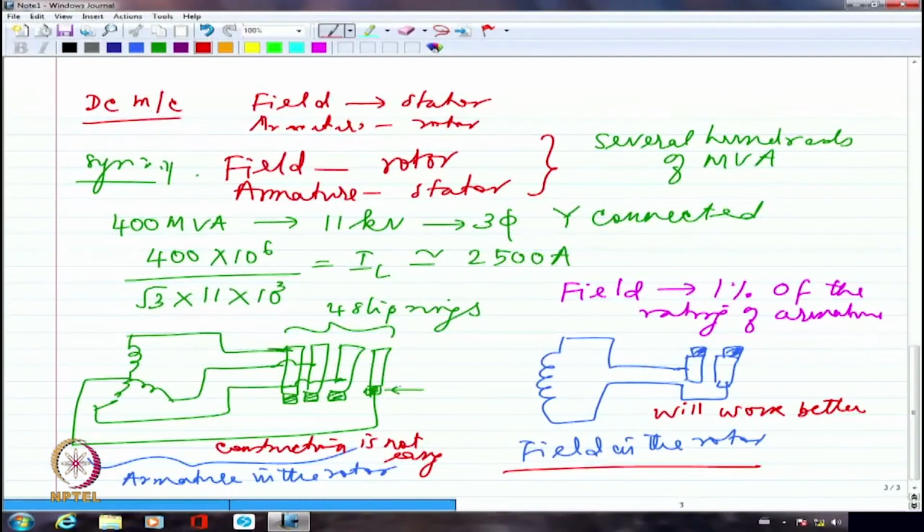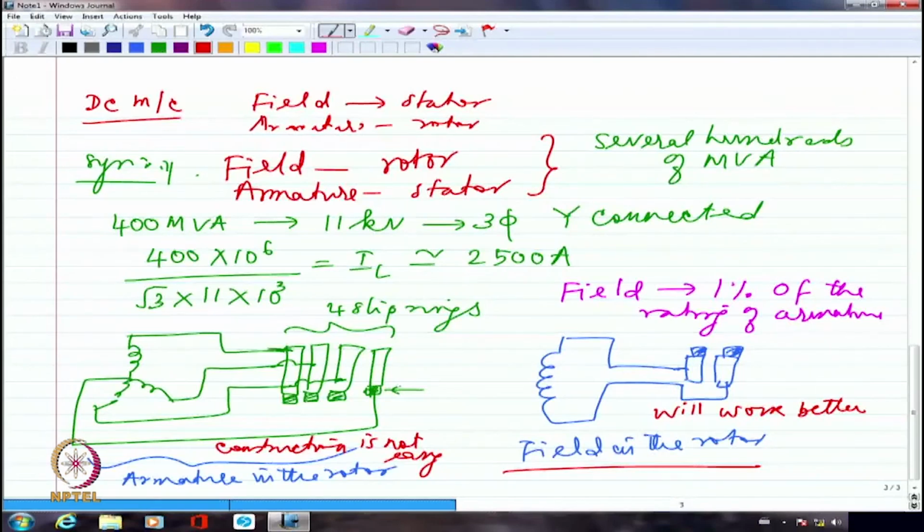So obviously, field in the rotor works better in terms of the constructional details. So that's the reason why we normally have in the alternator always the field sitting in the rotor, and you are going to have your armature sitting in the stator. That is the way it works.